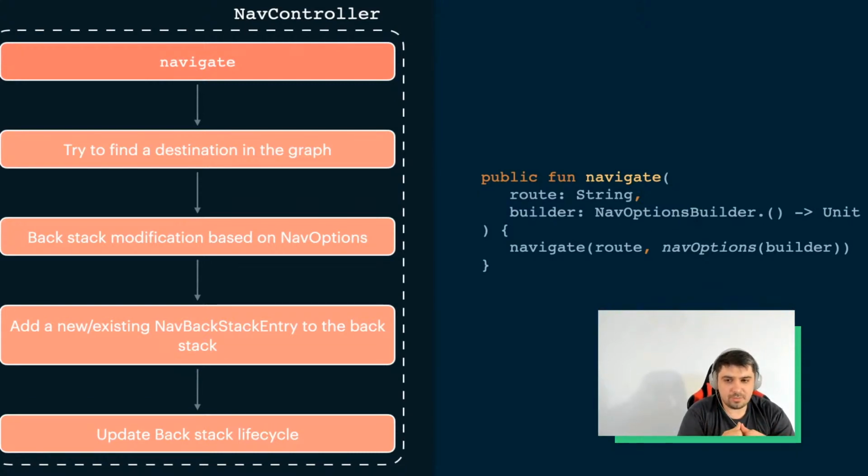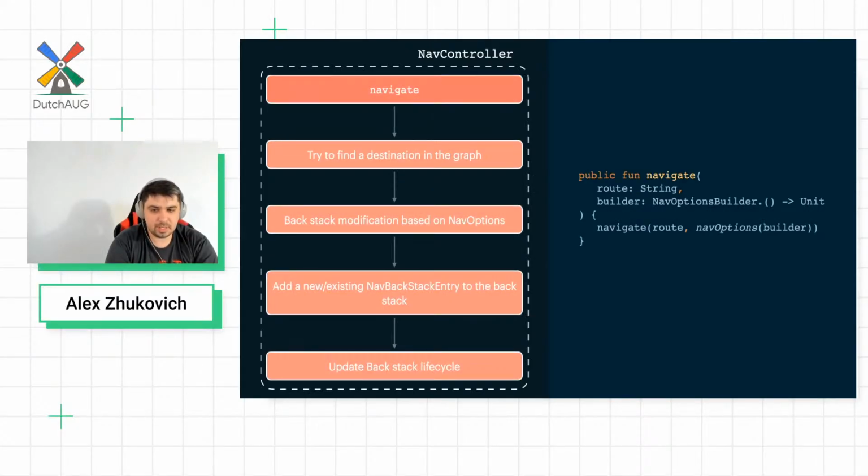Later on, the framework analyzes our navigation options, and if the options require modification of the backstack, it will be done. After that, a new or existing nav backstack entry will be added to the top of the backstack.